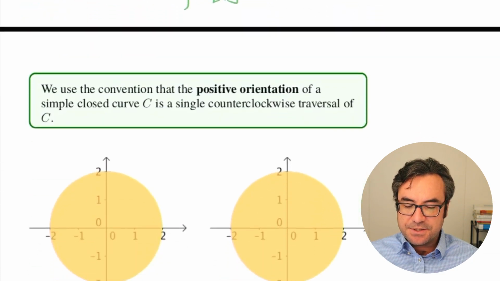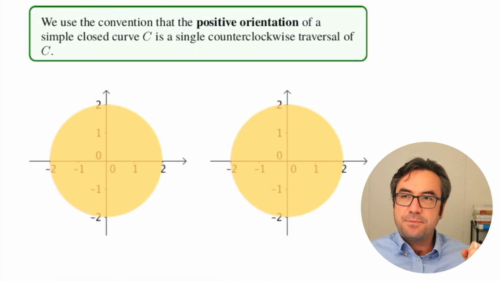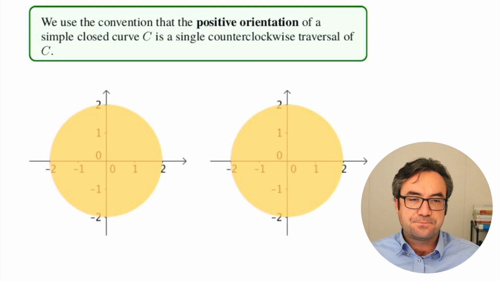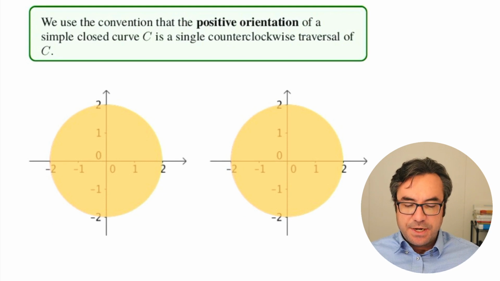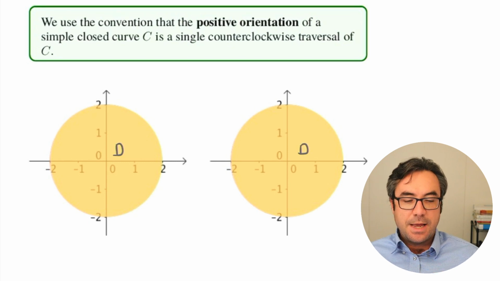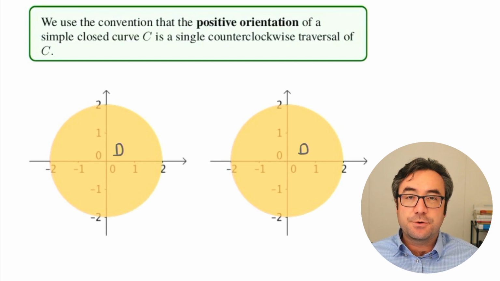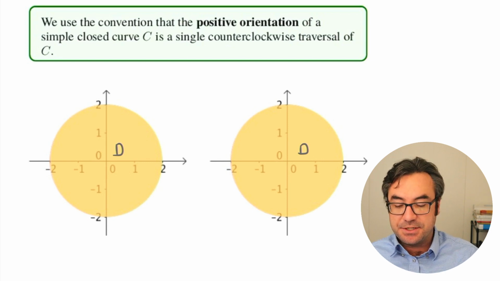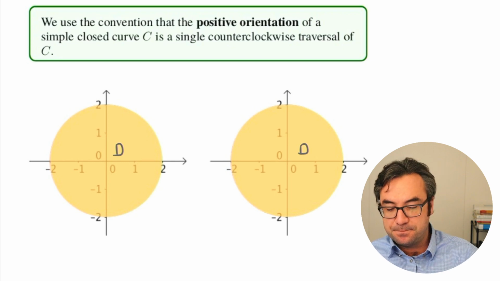All right, so let's look at this idea of positive orientation. So when we have a region D, let's say these are both examples of some region D. And we have the boundary of this region. So in both of these cases, the boundary is a circle.